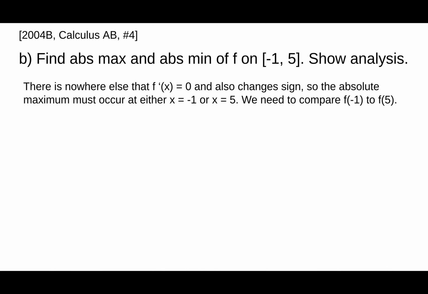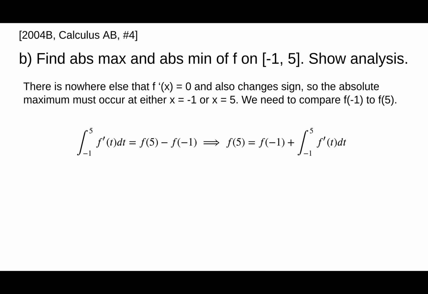So in order to compare f of -1 and f of 5, in order to determine which one of those is the absolute maximum, we have to find a way to actually evaluate f of -1 and f of 5. We can do this using the fundamental theorem of calculus.